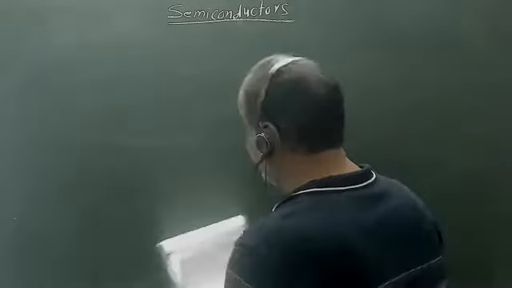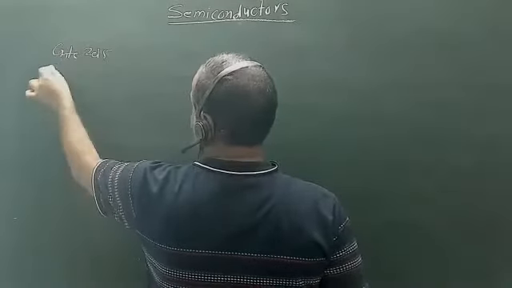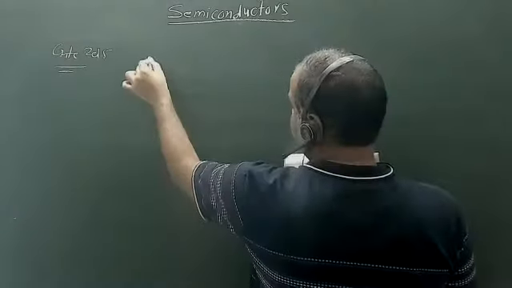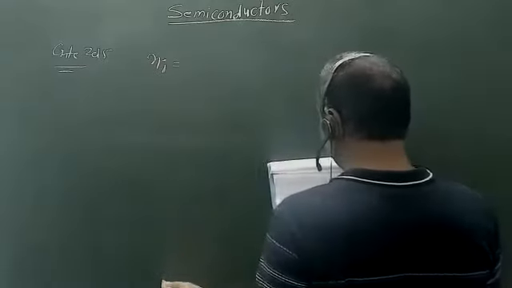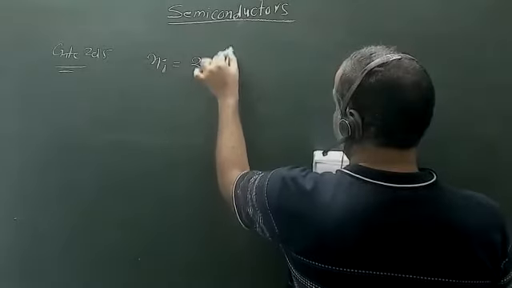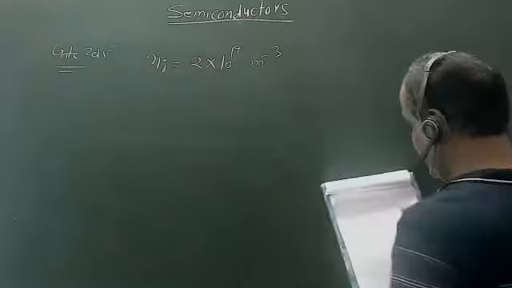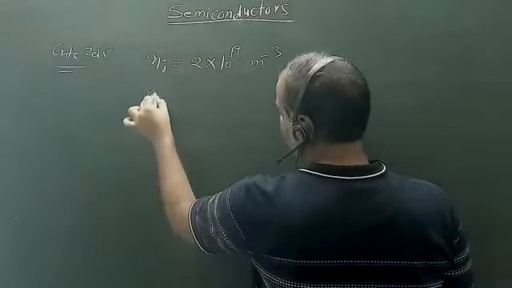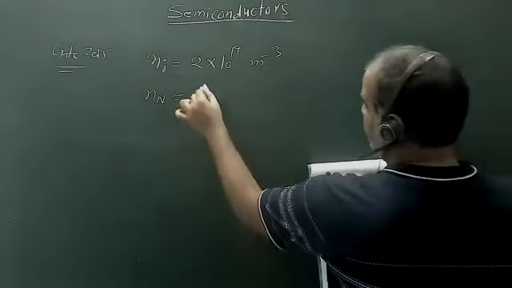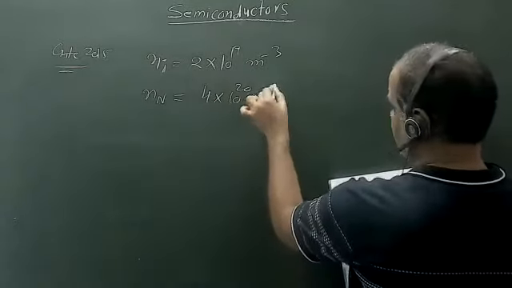ओके, सो GATE 2015. Okay, so they have given n type semiconductor, जिसमें इंट्रिंसिक कैरियर कंसंट्रेशन दे रखा है 2 × 10⁻19 meter cube, and the concentration of electron majority charge carrier they given 4 × 10⁻20 meter cube.